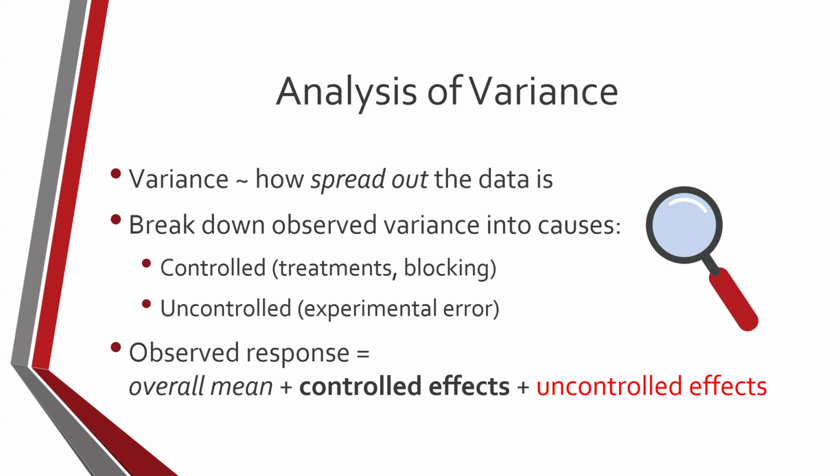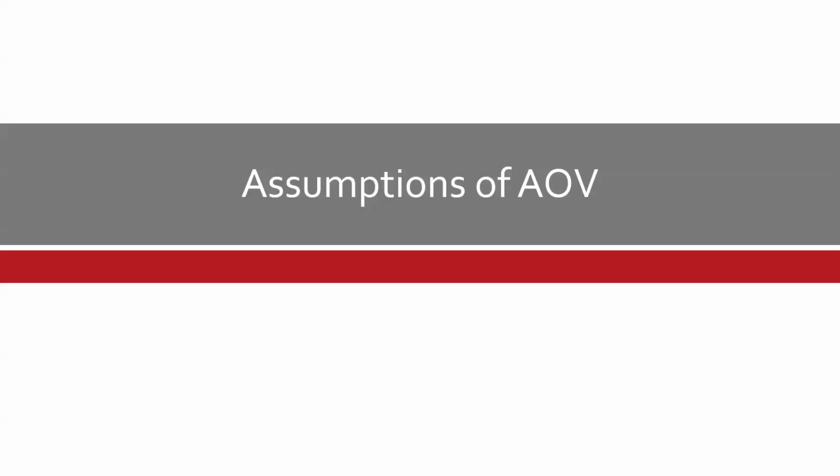If we want to perform that analysis and draw conclusions about those controlled effects, the treatment effects is what we're most interested in. We really have to get a grip a little bit on those uncontrolled effects. And so the trick is that we're going to have to make some assumptions about what those are like in order to be successful in our analysis.